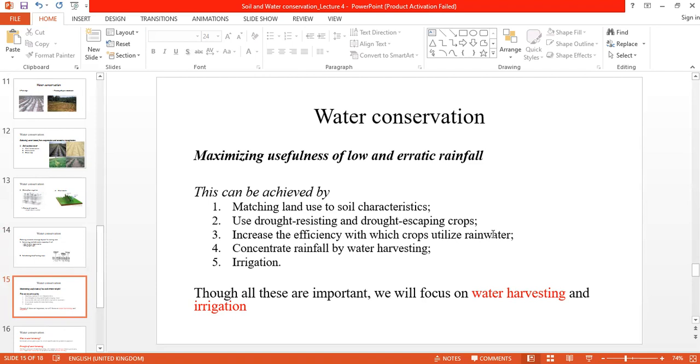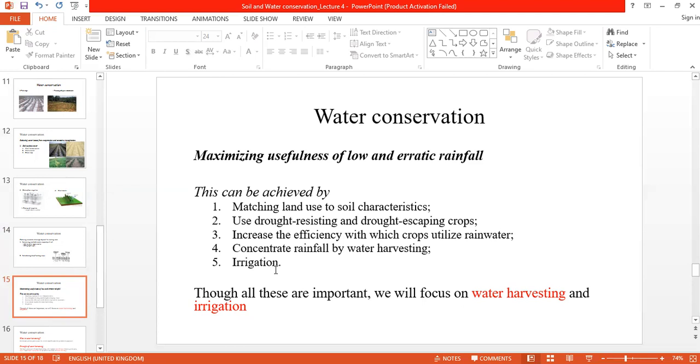Then you can also concentrate rainfall by water harvesting, where maybe you collect water that's running off the surface of the soil, store it in tanks, and then start using it bit by bit. Which connects to irrigation now. If you store your water, you can use it for irrigation.